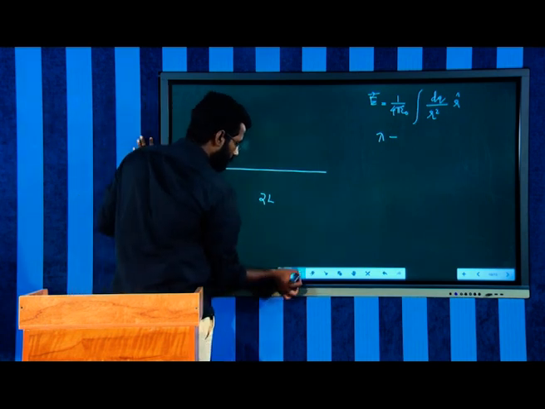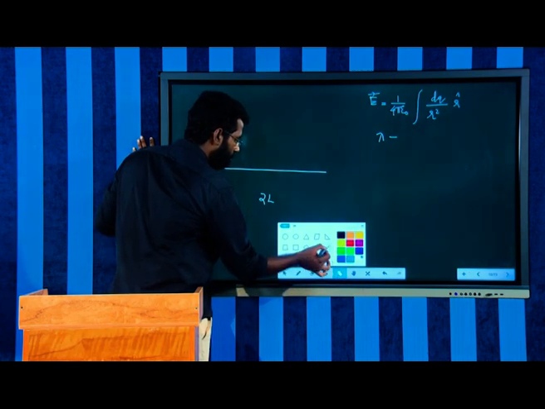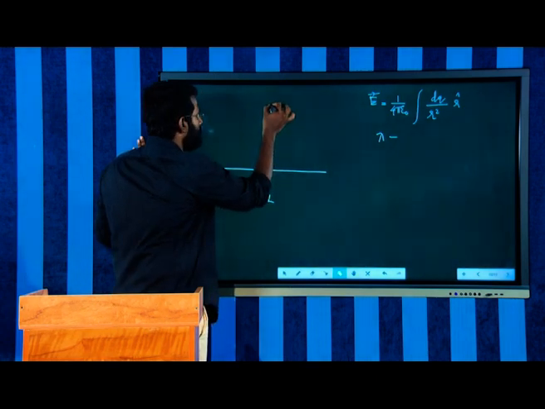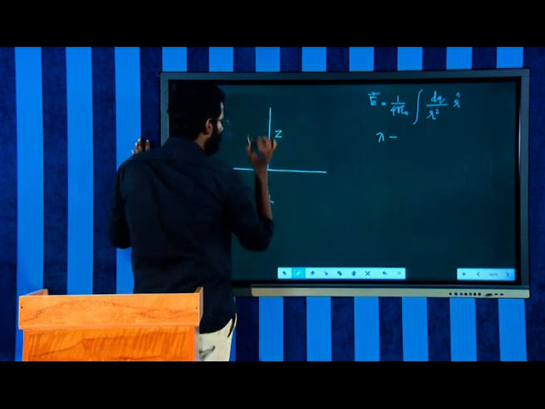Now, we want to calculate the electric field due to this at a point exactly above the center of the line, and let that distance be some z as we used before.